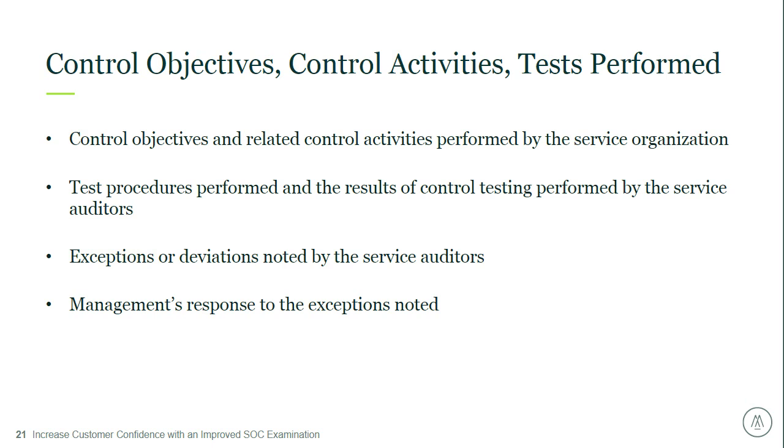So anyhow, the way this works is the service organization defines risk to their clients, and so they come up with things that they do to mitigate those risks. Those are called control objectives, or in the case of a SOC 2 report, they're the trust services criteria. And then the things that you do to achieve the control objectives or the criteria are called internal controls.